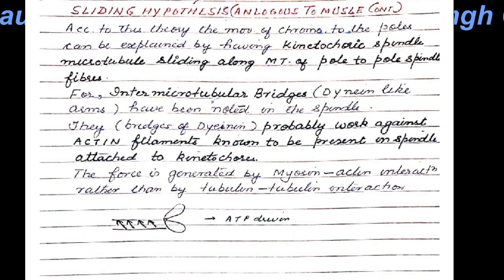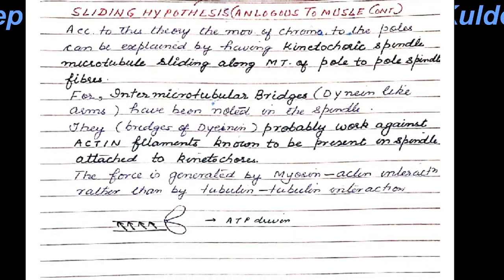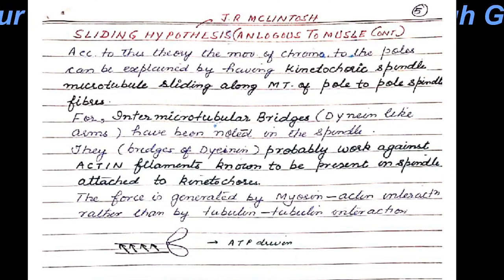Another hypothesis was given by McIntosh, the sliding hypothesis. It is something analogous to muscle contraction. And you can view at the bottom of this slide that the chromatid is attached to the kinetochoric spindle fibers, and what happens is that these kinetochoric spindle microtubules slide along the microtubules of pole to pole spindle fibers.